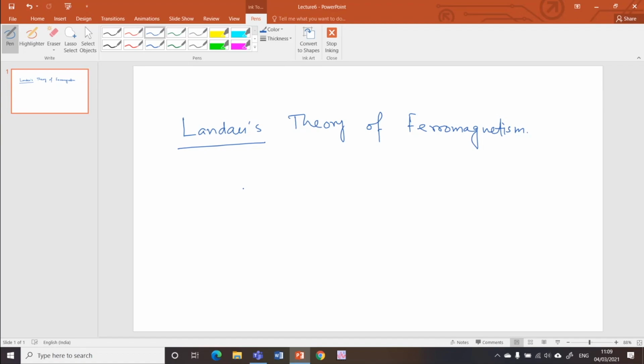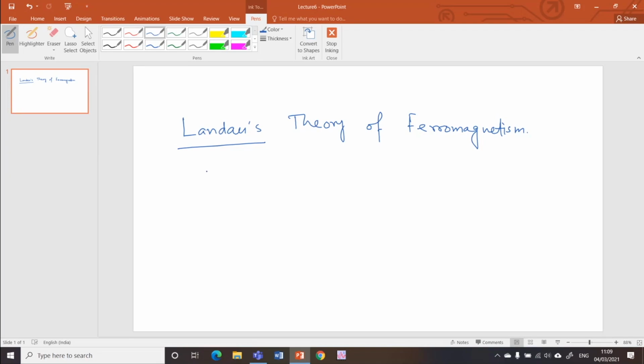So one approach we have shown already, where we introduce the idea of a molecular field. Okay, and we have treated the ferromagnet as a paramagnet that is present in an effective magnetic field, which is contributed by the external field and the internal field.